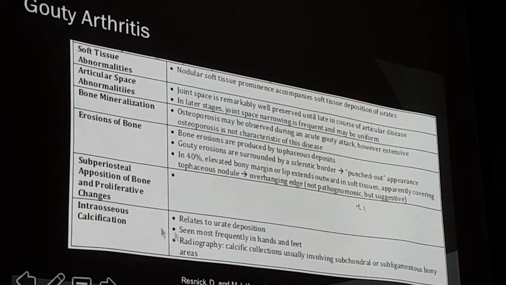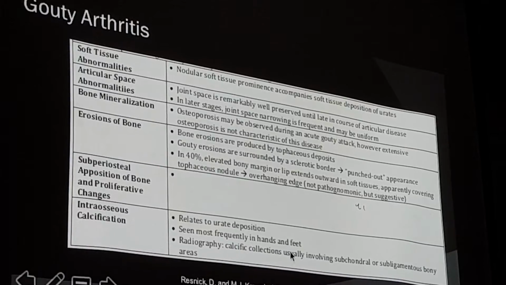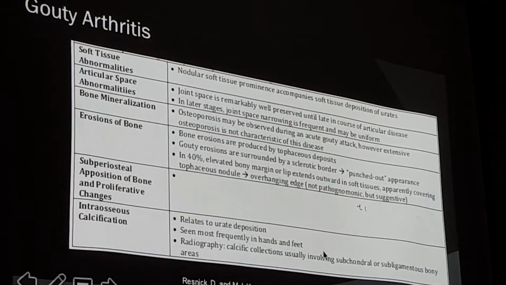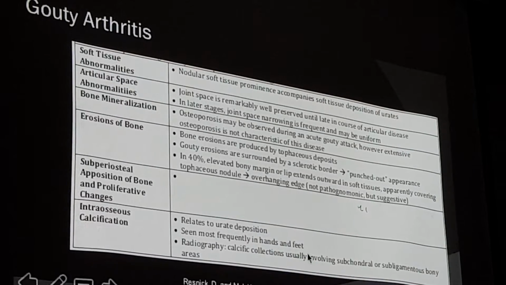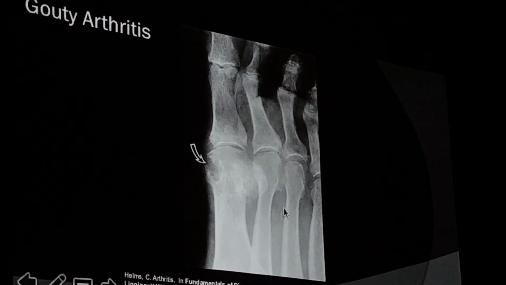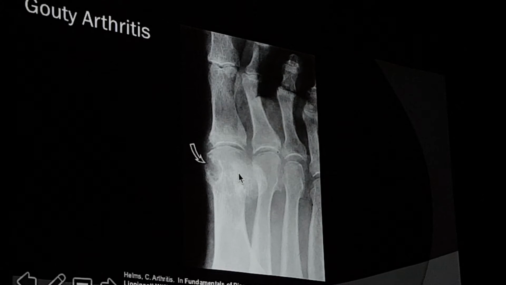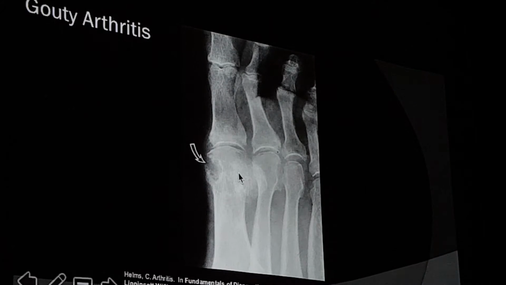Although you may be able to see calcifications involving the soft tissues or in the interosseous compartments in the hands and feet. One of the most common sites of gouty arthritis involvement is the first metatarsophalangeal joint.